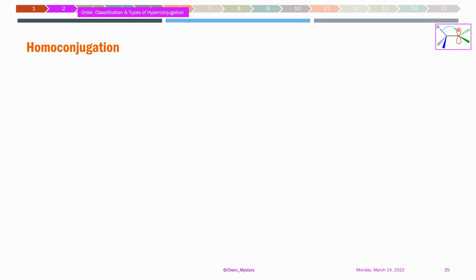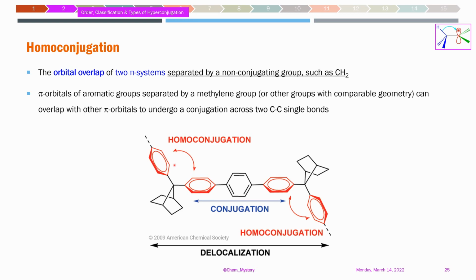Okay, so we have another example of homoconjugation. Here we have another such molecule. There is one carbon present, and it is not always necessary that it be CH2. That CH2 can be replaced by any other species where there is no empty orbital and no lone pair present. This carbon has all four sigma bonds.